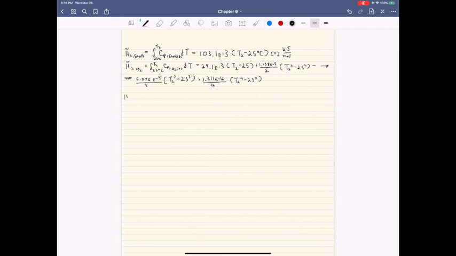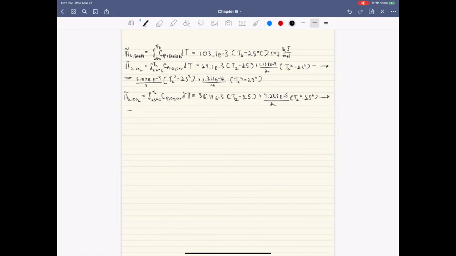Now let's move on to carbon dioxide. Still the same sort of thing. You know, there's no phase changes that we have to worry about here. So CO2 vapor. And its heat capacity is also a pretty long polynomial. So let's plug in here. 4.233 e to the negative 5 over 2, T2 squared minus 25 squared.